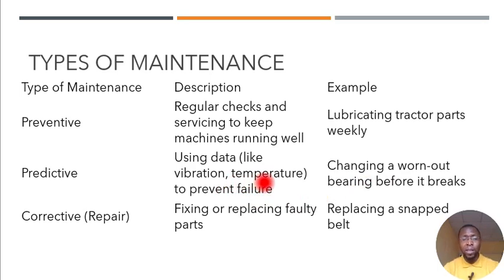In this case, it's not as if you've not been doing your preventive maintenance, but the parts of the machine are now weak and need to be replaced instead of allowing them to break down completely. So you can easily predict that this machine can get damaged in the next 2 weeks, but we do not want to allow it to get damaged, so let's replace the part that is weak.